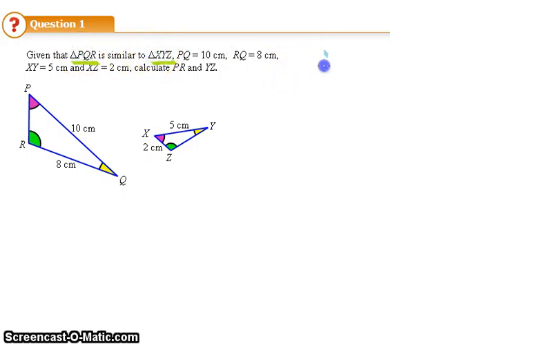So I just write here the side PQ same as XY. Then we go on here, we see PR, first, third, is the same as the first and third, X and Z. So PR is similar to XZ.